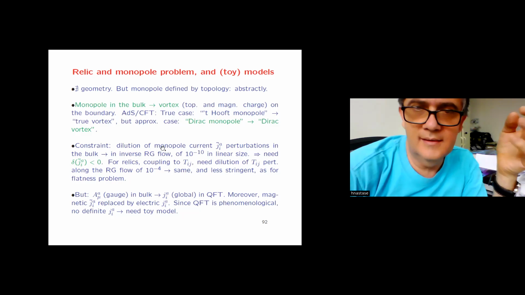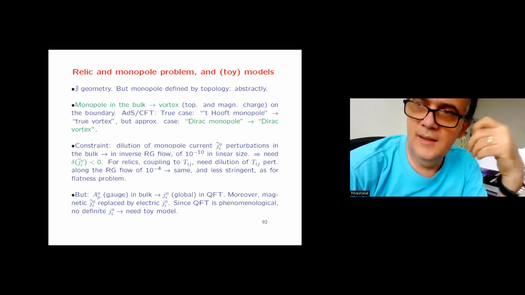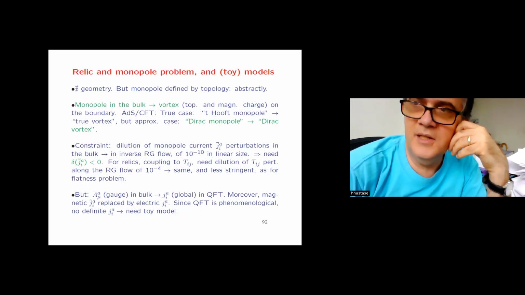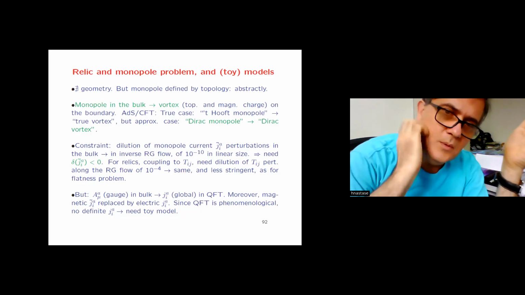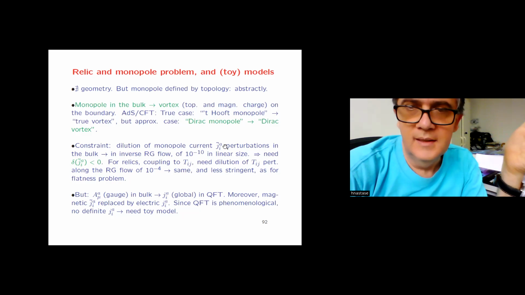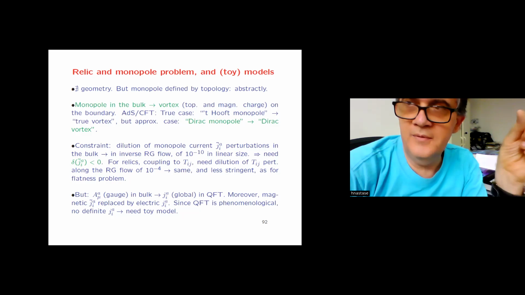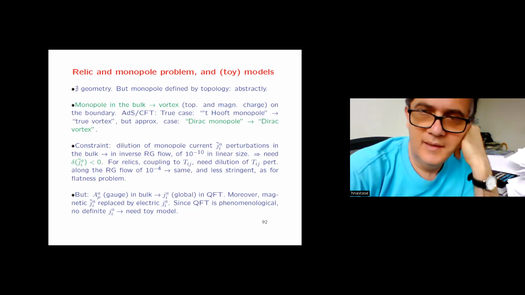The constraint would be described in terms of the monopole currents in the bulk. So like for the perturbations problem, we would dilute perturbations of the monopole current, which means the 2-point function of the monopole current should be diluted.